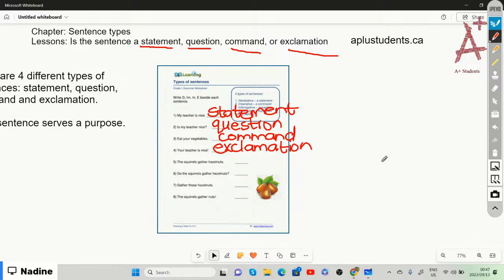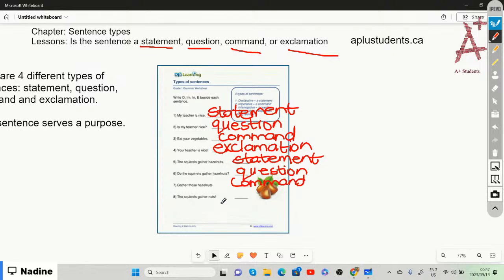All right, so this is basically just telling someone something, which means that this is a statement. And then, do squirrels gather hazelnuts? It ends with a question mark. So this is a question. And gather those hazelnuts. It's like telling someone to do something, which means that this is a command.